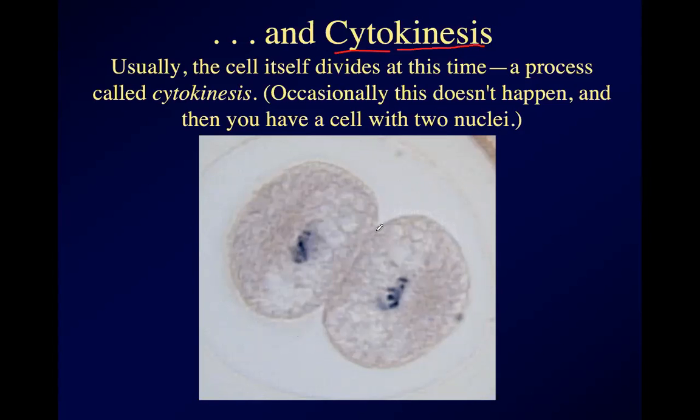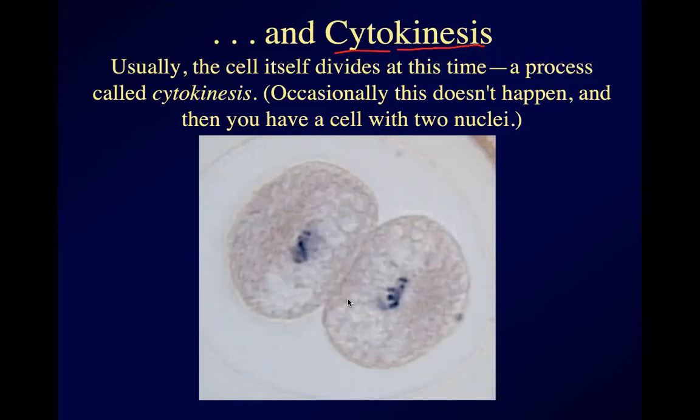There's instances where this doesn't happen, and you end up with one cell that's got two nuclei. There are some organisms in which that's actually pretty normal. So they're not the same thing, and they don't always happen at the same time. But most of the time they do.